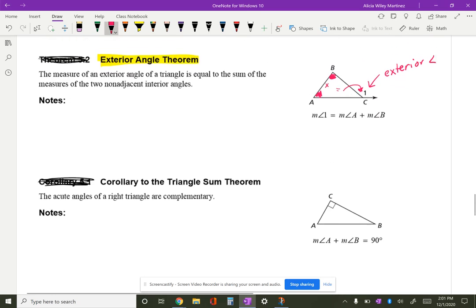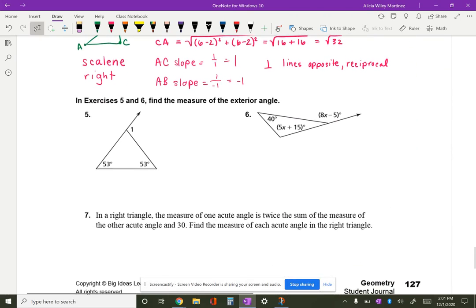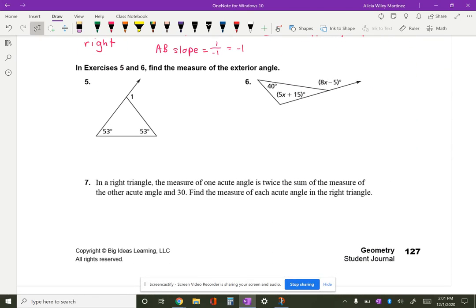Okay, so let's go ahead and use that. Sometimes when we use it, it just helps it to make a little bit more sense. So go to page 127 and let's look at number 5. On number 5, we have an exterior angle. They want us to find the measure of that exterior angle.